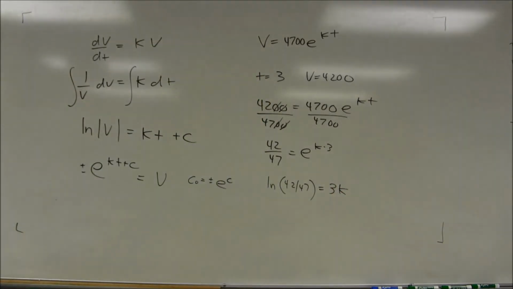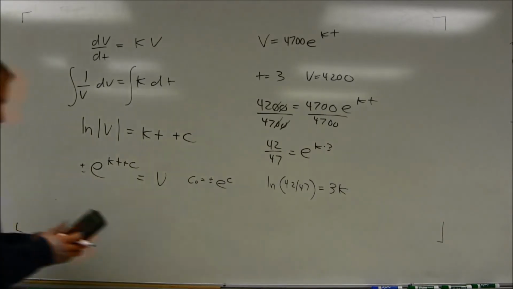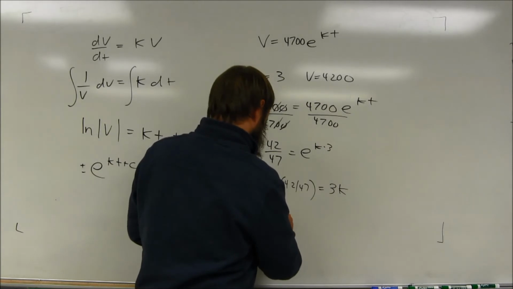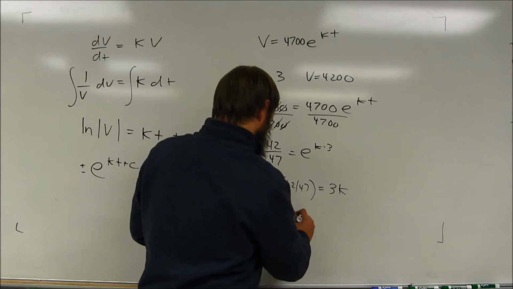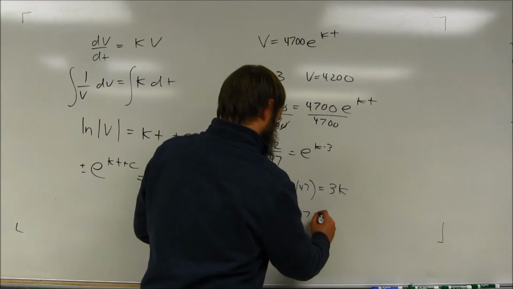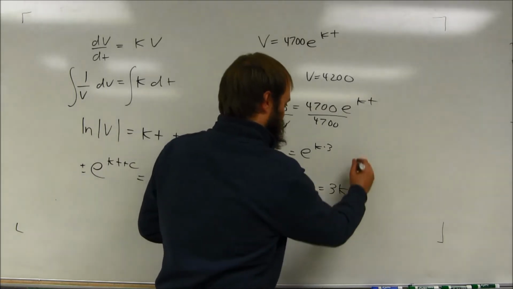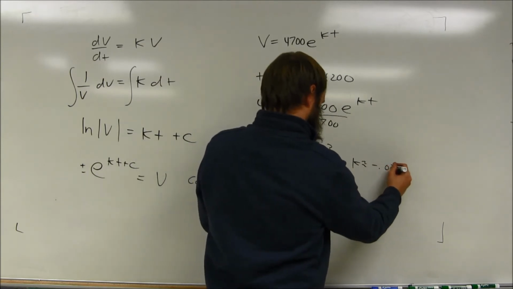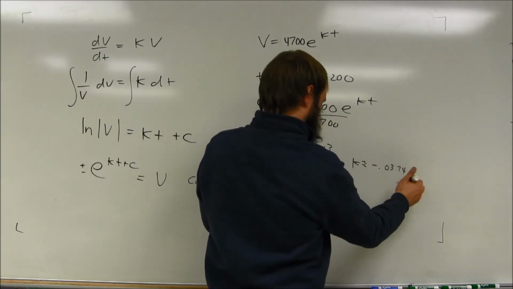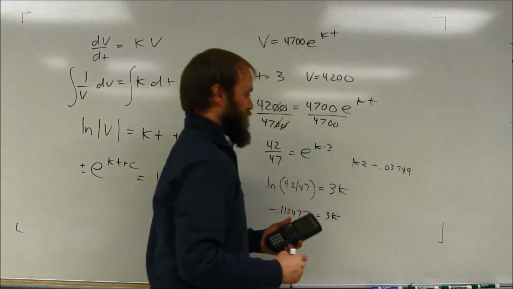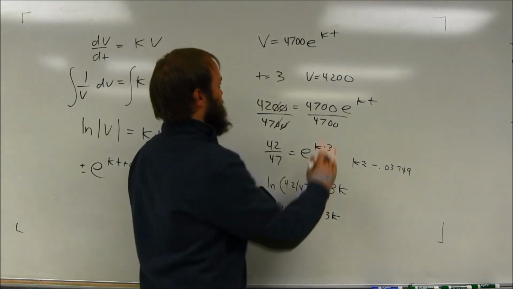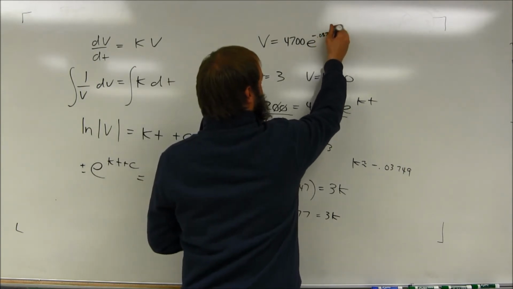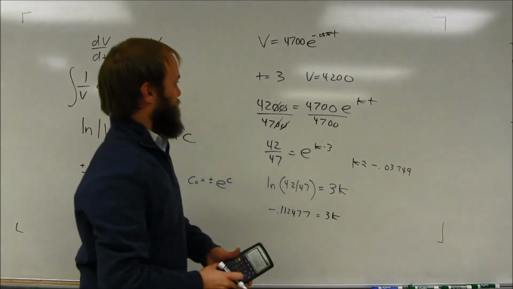And if you go through that process, what you're going to end up with here is a natural log that's approximately -0.112477 equaling 3k. K is going to be approximately -0.03749. So about -0.0375. And so I'm going to put that in. And that's my exponent there.